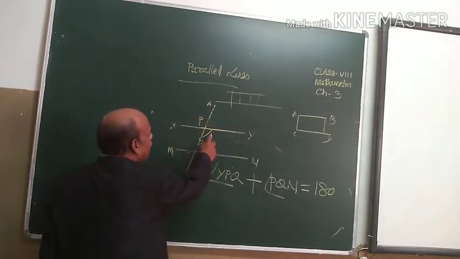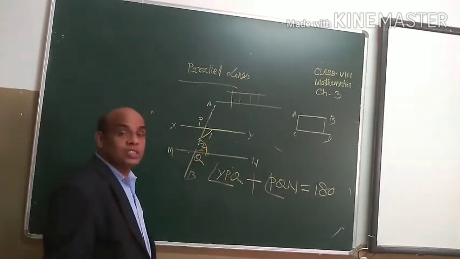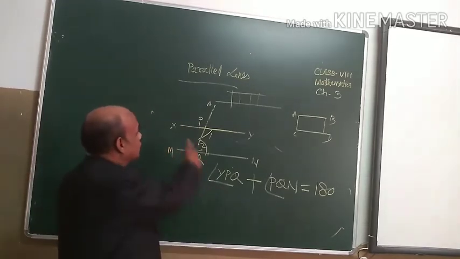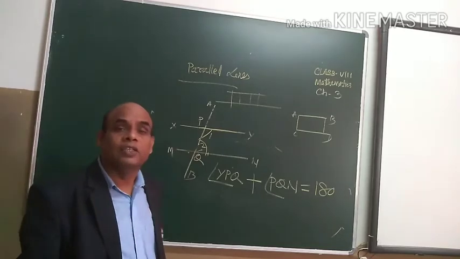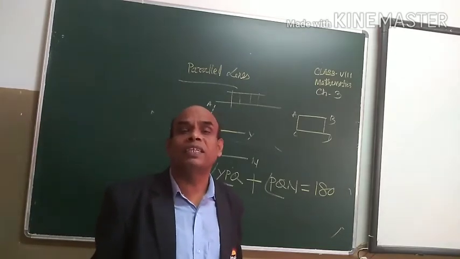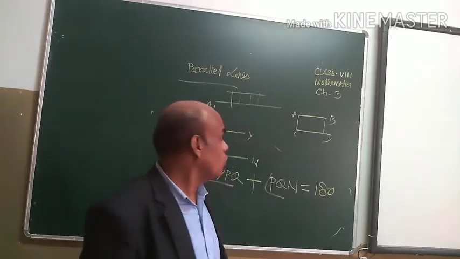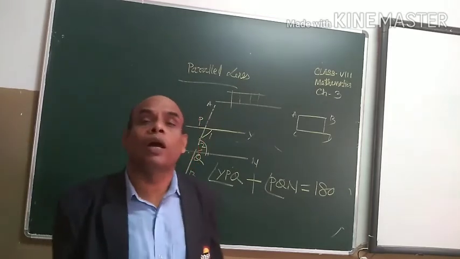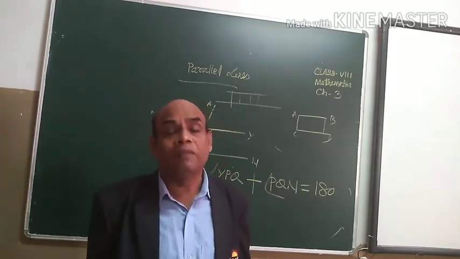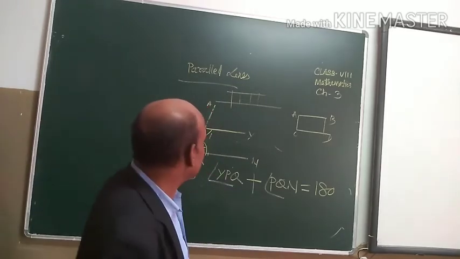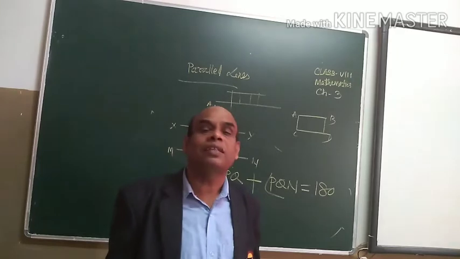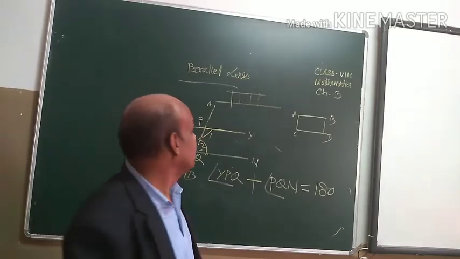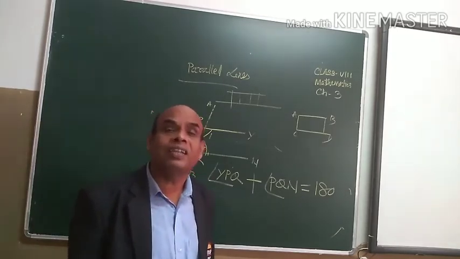You see here angle 1 plus angle 2 is always 180 degrees whenever the two lines are parallel. It means here XY is parallel to MN. So the sum of the interior angles is always 180 degrees. So dear students, these things only you have to remember in class 8 in parallel lines. First, corresponding angles are equal, then alternate angles are equal, then the sum of the interior angles is equal to 180 degrees.